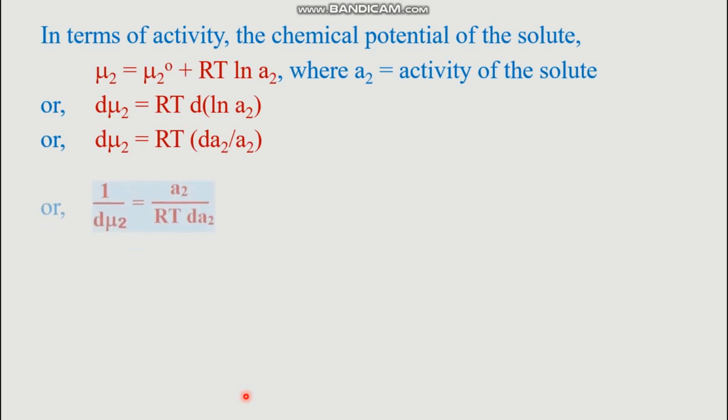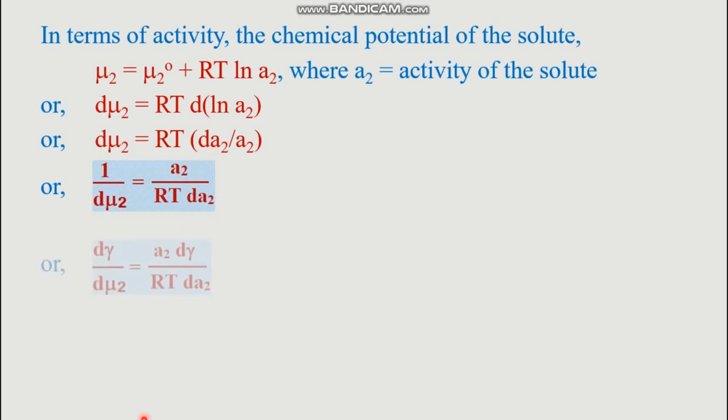Now if you take the reciprocal of this equation, then you can also write d1 over d mu 2. Here A2 forms the numerator, whereas RT dA2 goes to the denominator. And if you multiply both sides by d small gamma, then instead of 1 it becomes d small gamma, and in place of A2 you can write A2 into d small gamma.